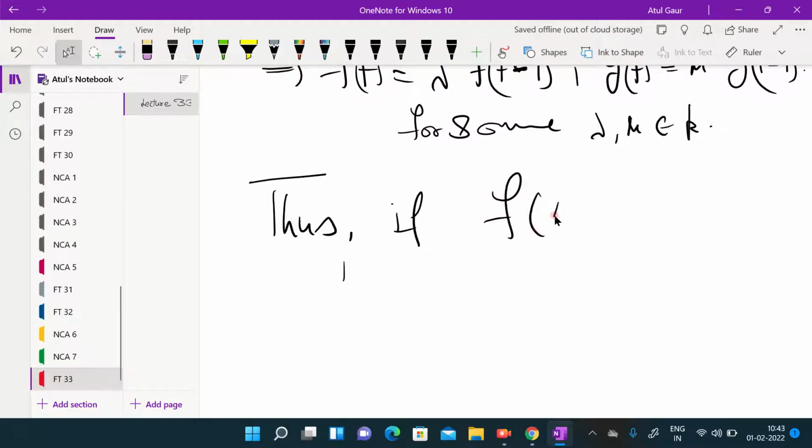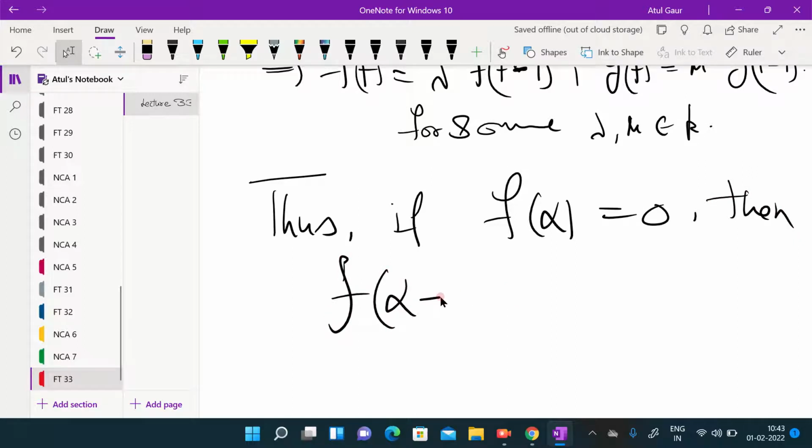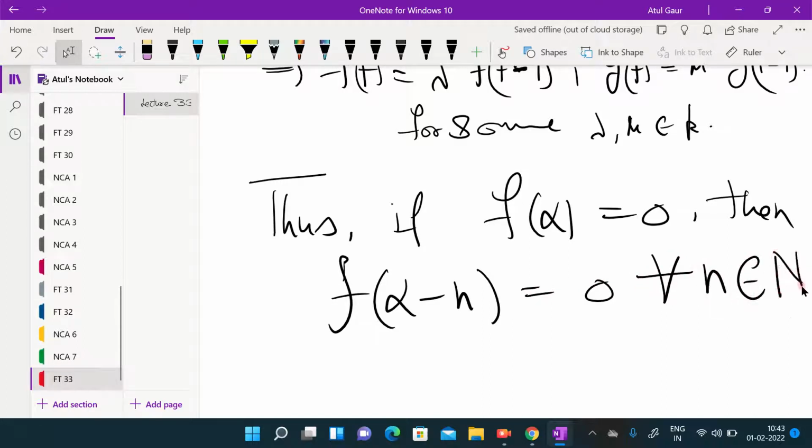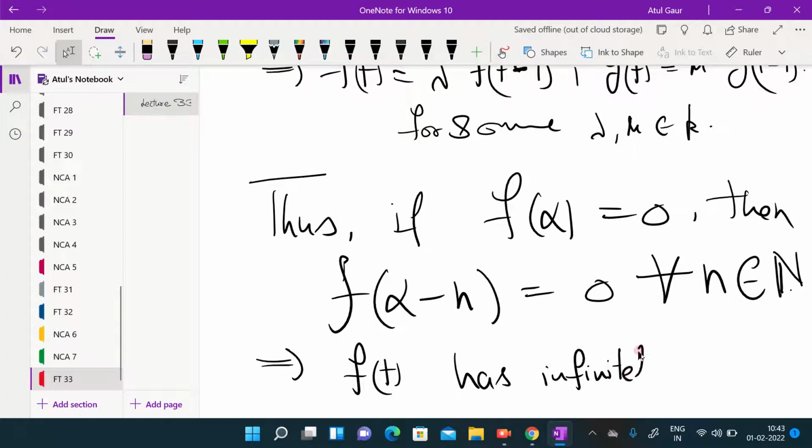If f(alpha) is 0, then f of alpha minus n is 0, and this is happening for every natural number n. So that means f(t) has infinitely many roots. This is a contradiction. If there is one root, then there are infinitely many.